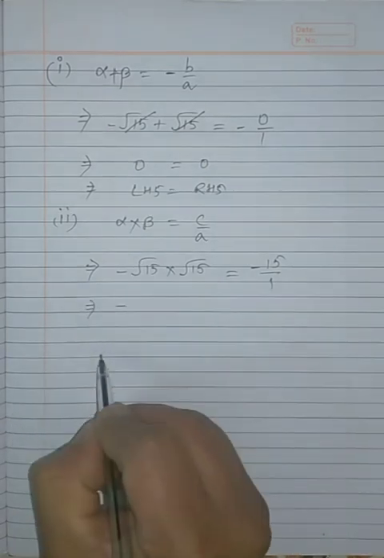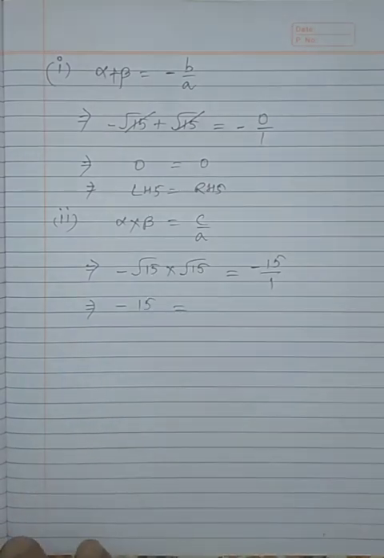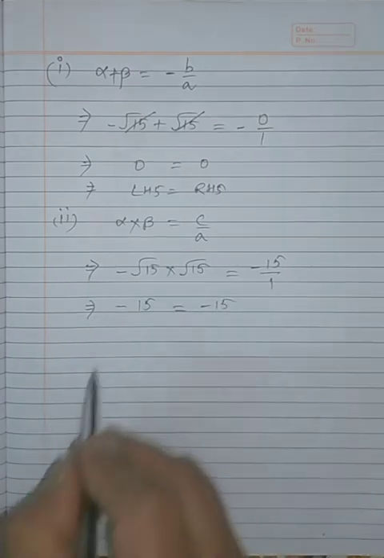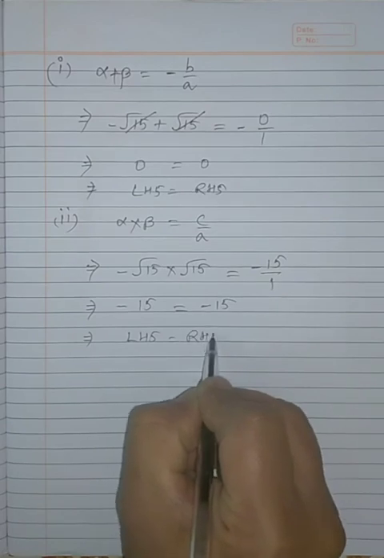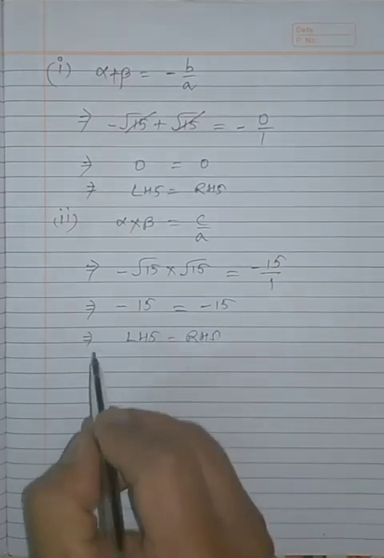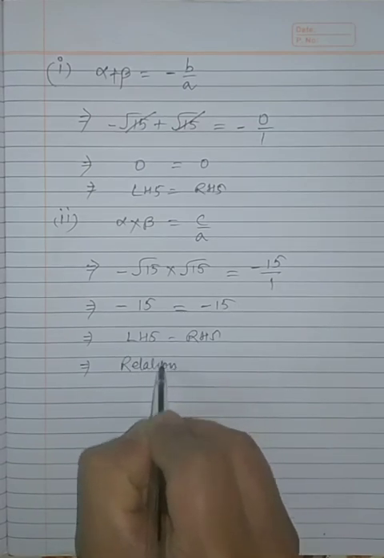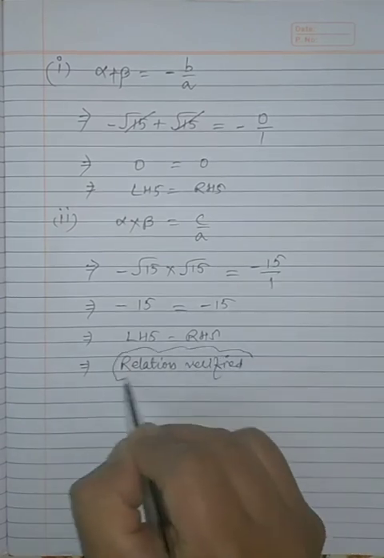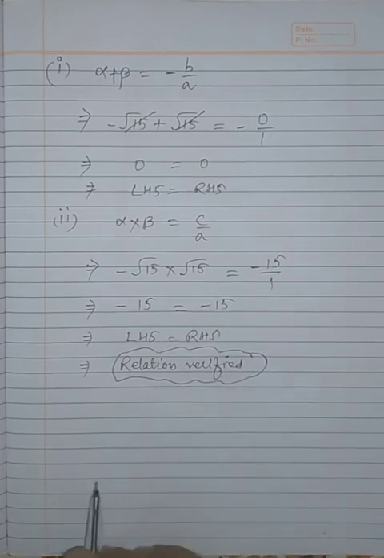Now minus root 15 into root 15 is equal to minus 15, and minus 15 upon 1 is also equal to minus 15. So once again LHS is equal to RHS. That means the relation is verified. So this way you can solve questions like this, in which the polynomials are not given in the standard form.